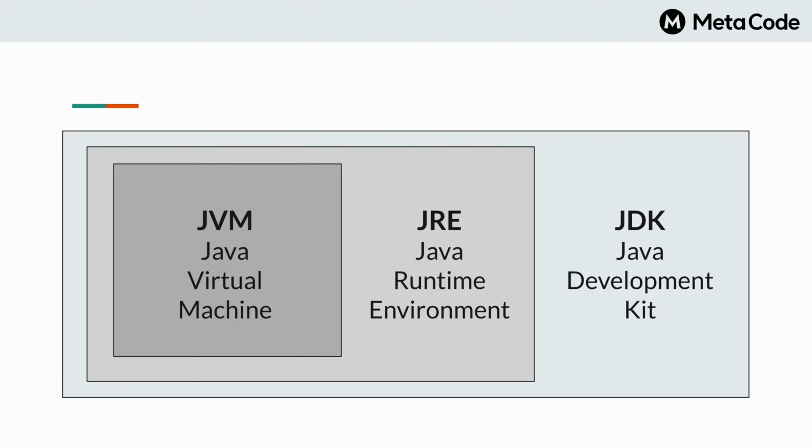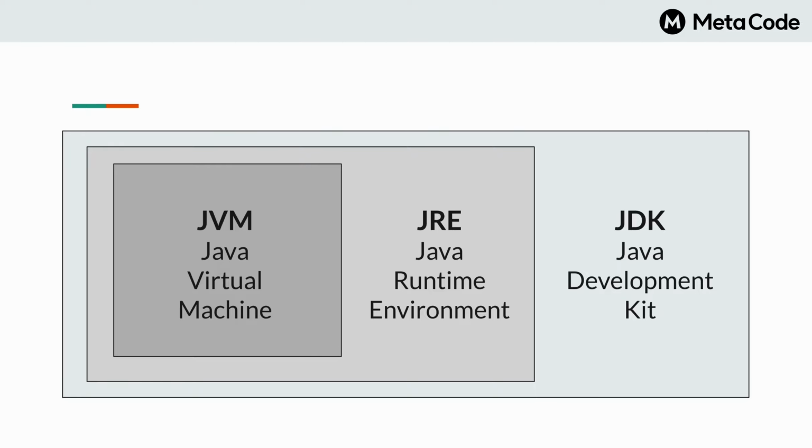That's what JVM does. And the JRE is where the Java Runtime Environment is set, which also has some additional code that helps JVM interpret and execute the code. So actually, if you want to run a Java program, you only need the JRE, which encompasses JVM.